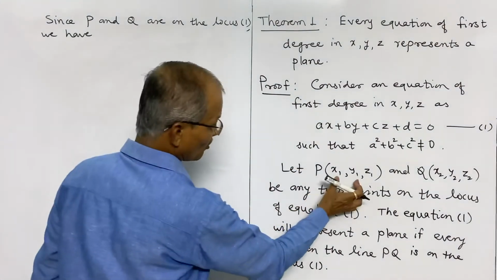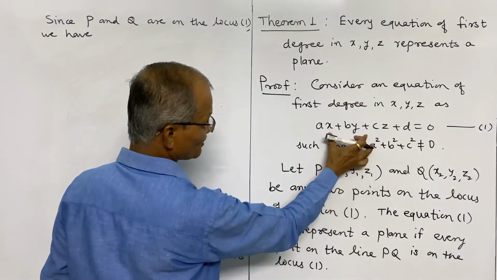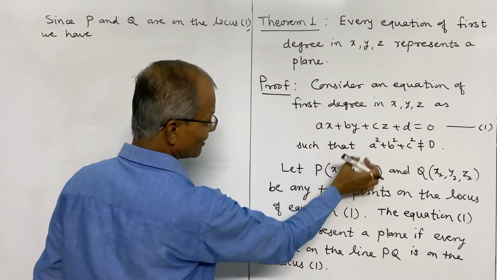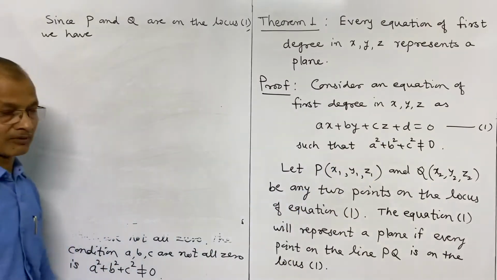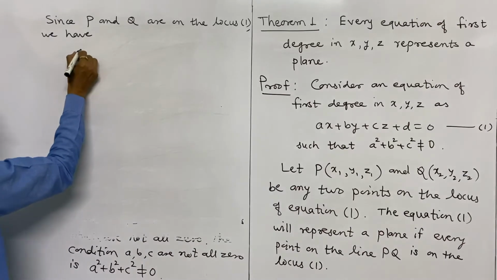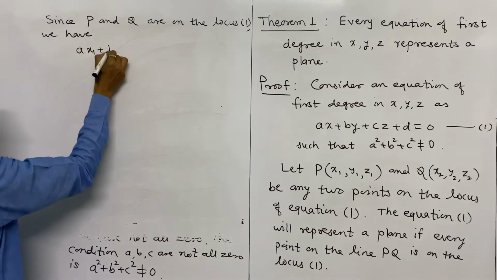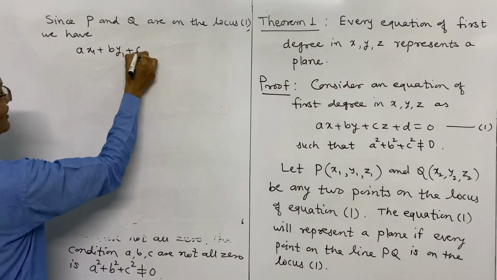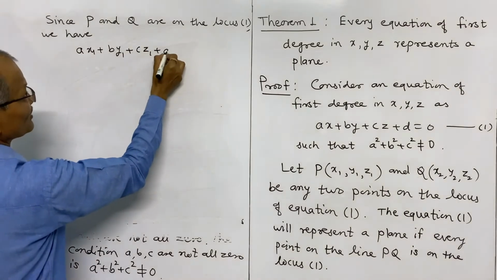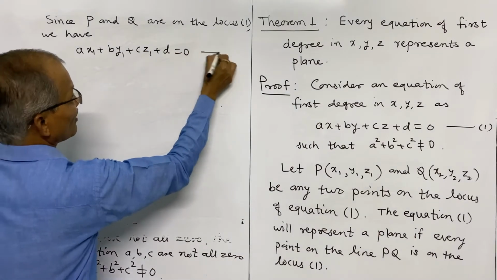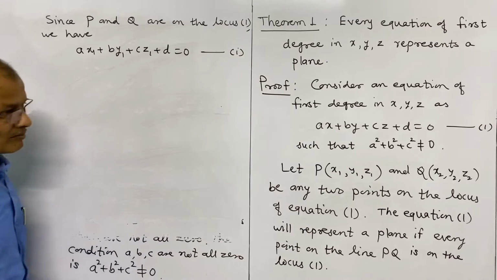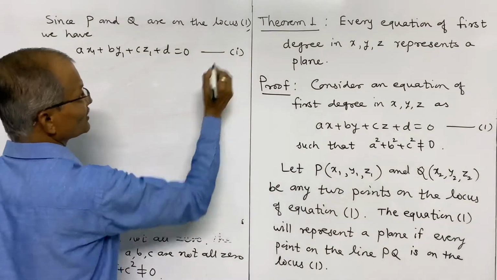See, these are the coordinates x1, y1, z1, and this satisfies the equation, meaning replace x, y, z by x1, y1, z1. So the equation becomes a x1 plus b into y1 plus c into z1 plus d is equal to 0. We denote this equation by the Roman numeral 1.